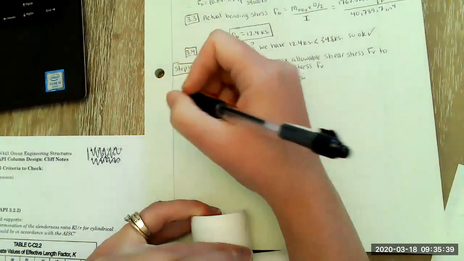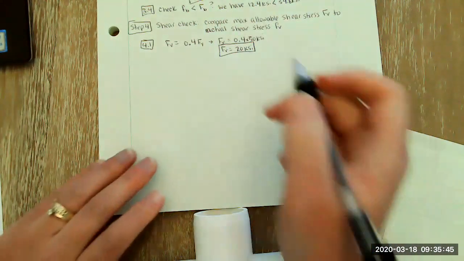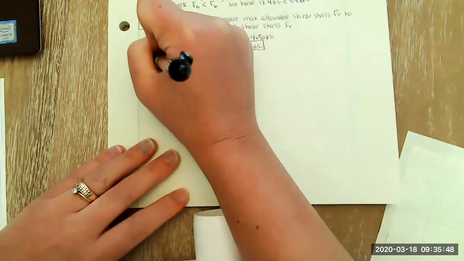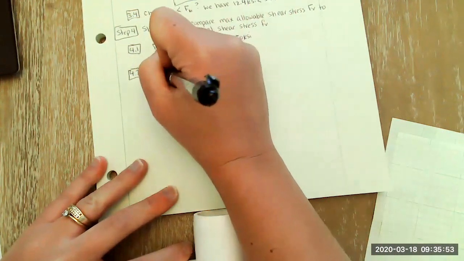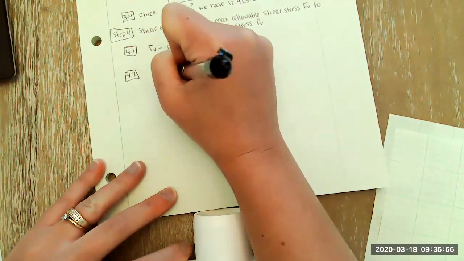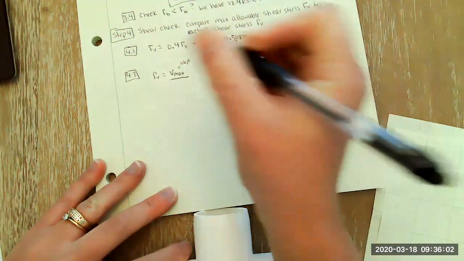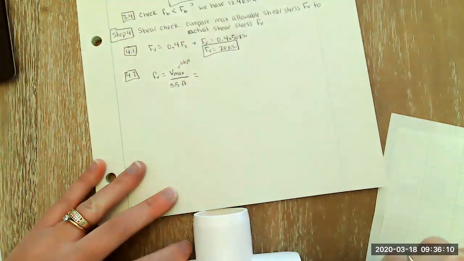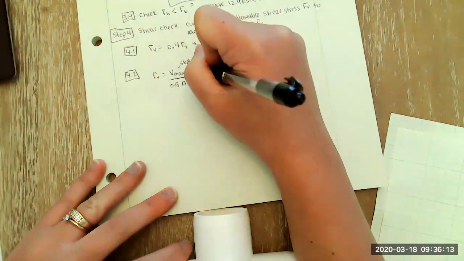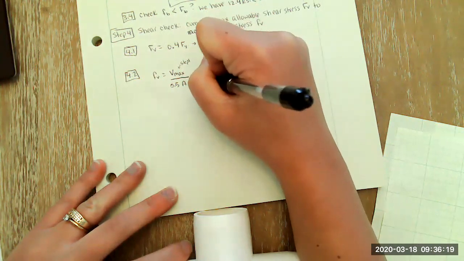And next we'll calculate the actual shear stress. So we have our actual shear stress, step 4.2, or lowercase f sub v, is equal to your maximum shear, again from step 1, divided by 0.5 times your cross-sectional area. So again, if I look back into step 1, we can see that our maximum shear is 18.5 kips divided by 0.5.